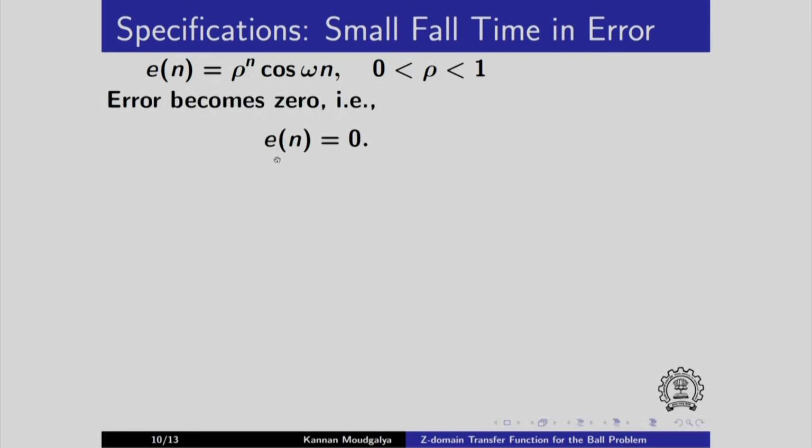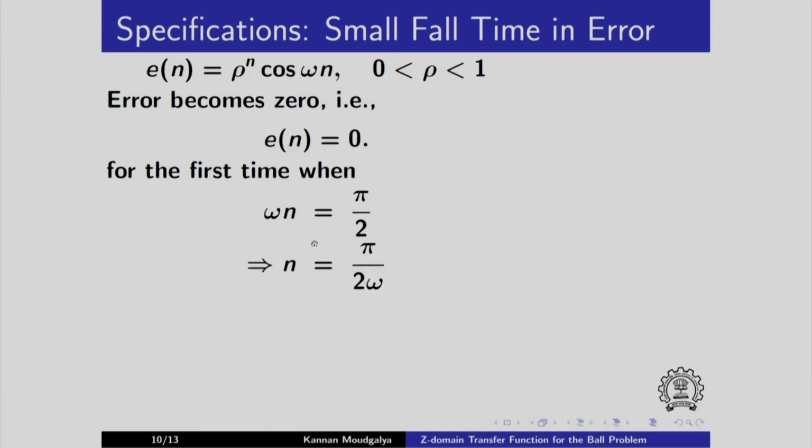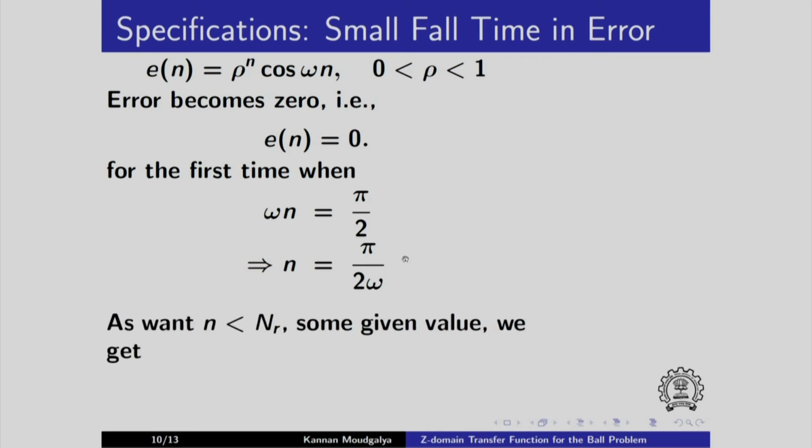Error becomes 0, that is En equals 0 when omega n equals pi by 2 the first time. Of course, it can happen 0 for some other future values of n also, but this is the first occurrence wherein En equals 0. This expression we solve for n.